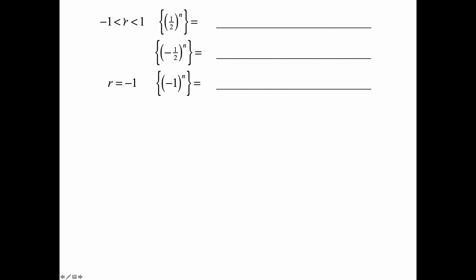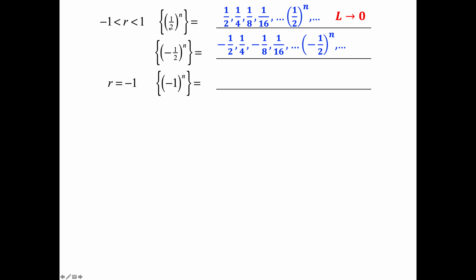If we're between negative 1 and 1, again, we talked about those fractional bases, whether they're positive or negative, they're going to approach 0 from our graph. And if r is equal to negative 1, we wouldn't want this either, because, again, we're flopping back and forth, but we're never really convergent to anything, so this limit does not exist.